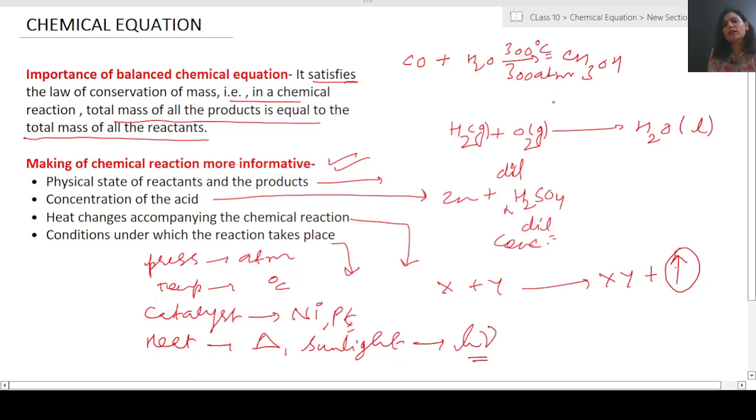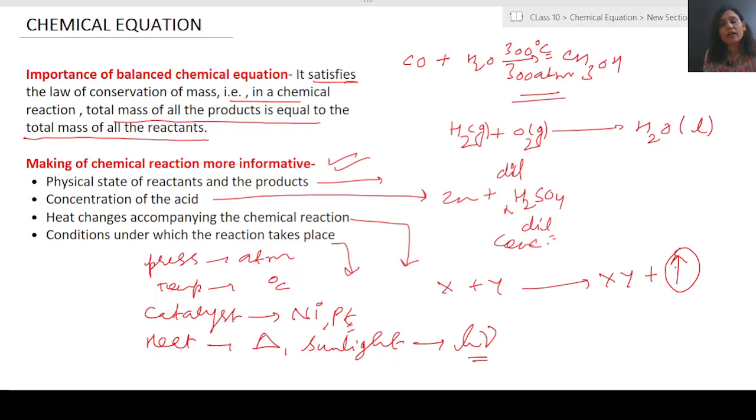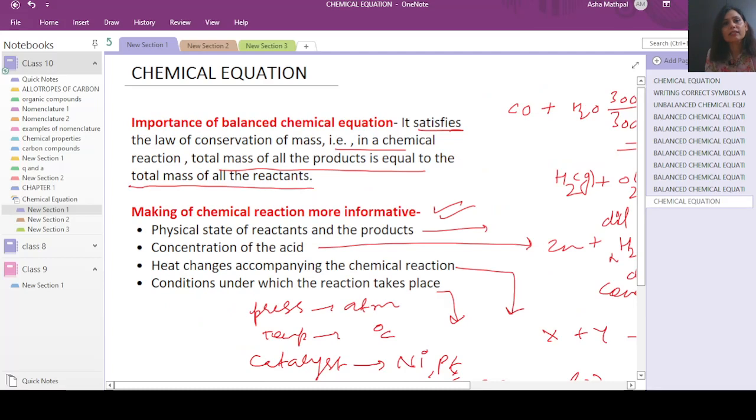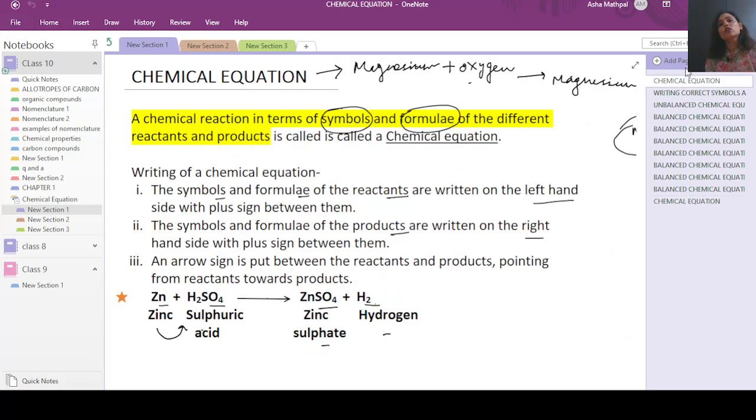They are always mentioned over the arrows. In this way we are telling that under these conditions this chemical reaction is occurring. Basically, whatever we are mentioning over the arrow, whether it is heat or the temperature or the atmosphere, it is just telling what the conditions are under which this reaction has taken place. So it is making our chemical equation more and more informative.